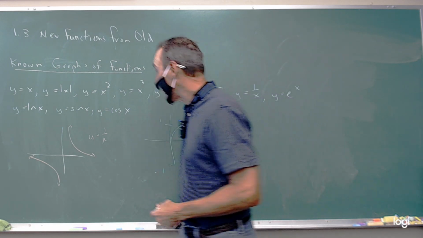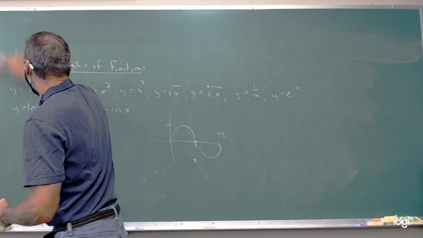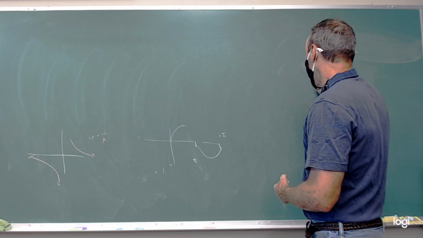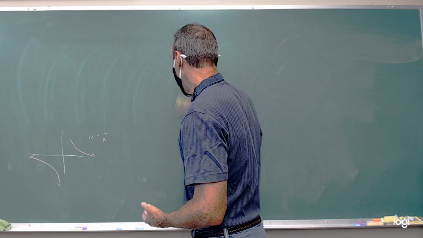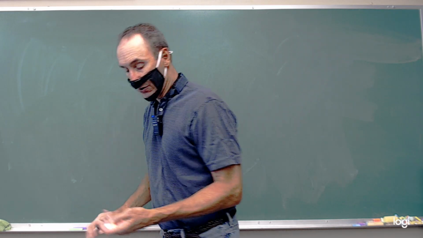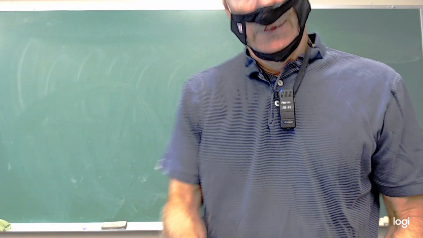And then we ought to be able to do all that kind of stuff that we do in Algebra 2, but have an understanding of it. How you reflect, translate, stretch, shrink, that kind of stuff.